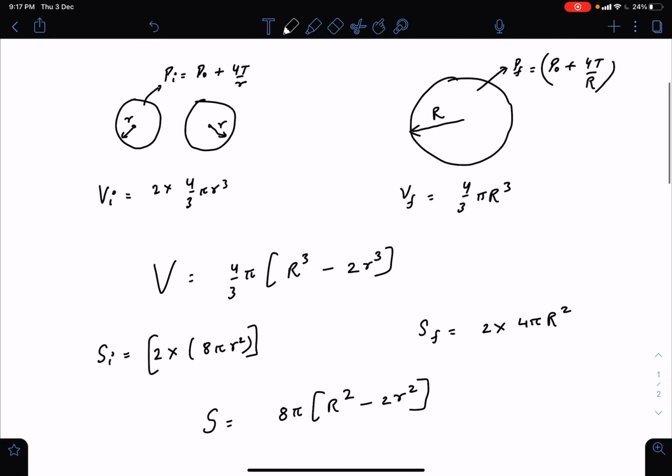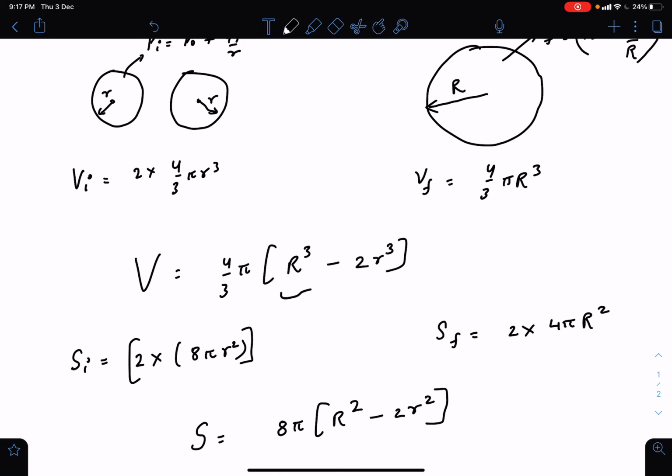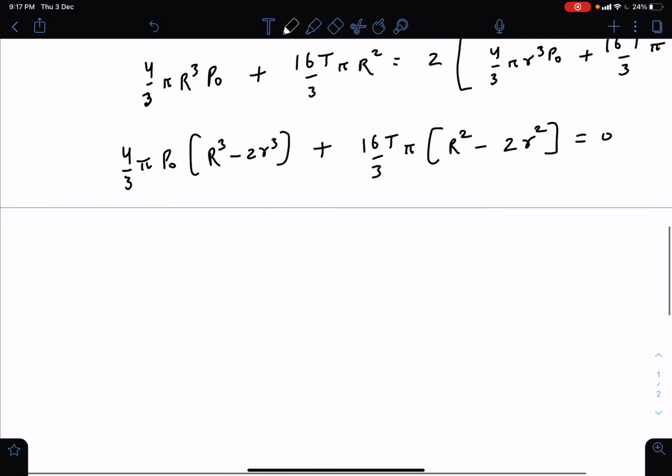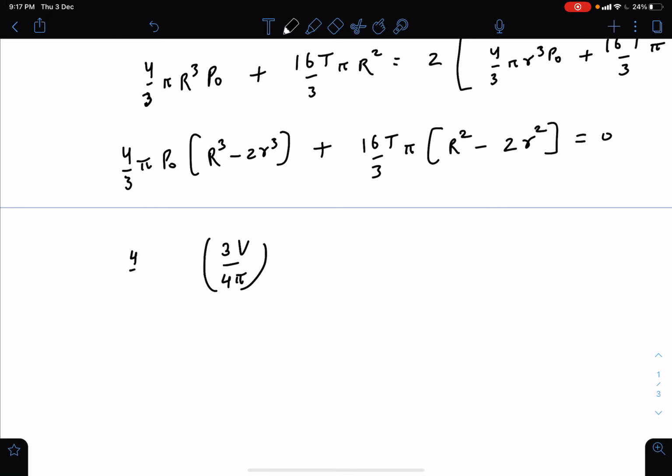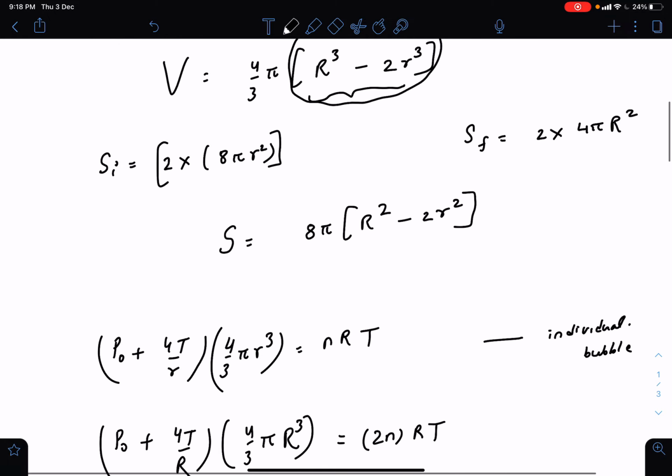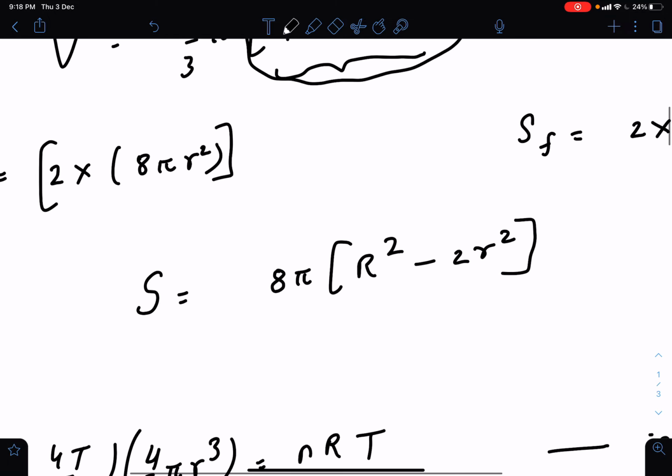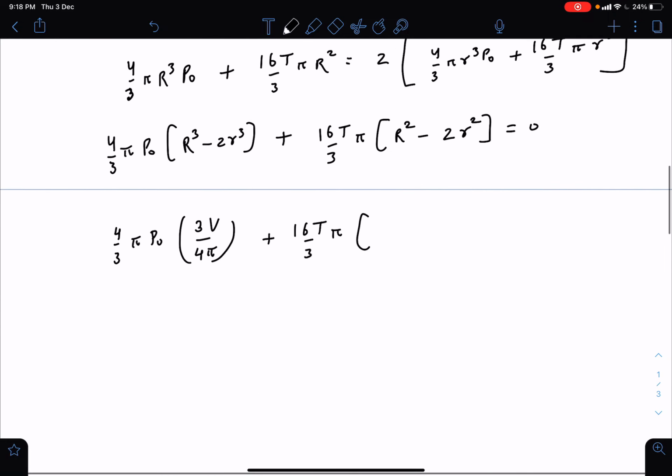Now we already know that capital R cube minus 2r cube is equal to 3 capital V by 4 pi. So 3 capital V by 4 pi into 4 by 3 pi P naught plus 16T by 3 pi, and R square minus 2r square can be written as capital S by 8 pi, and that is equal to 0.